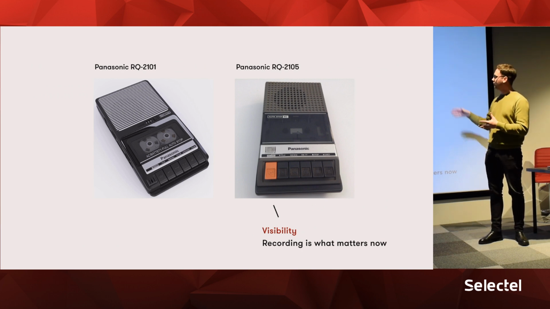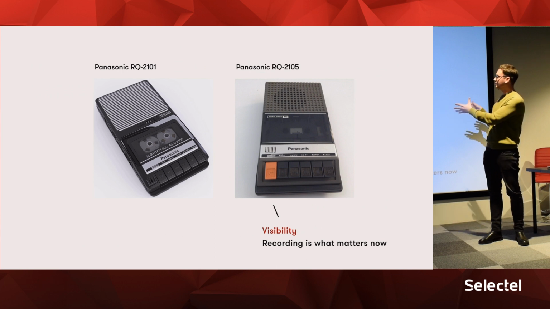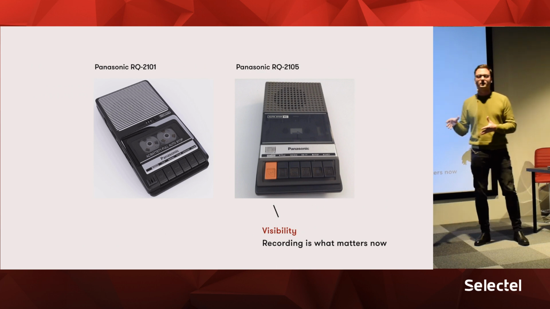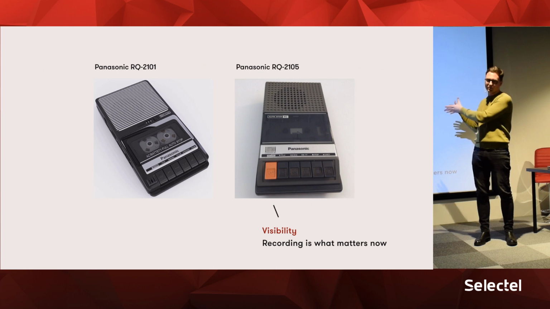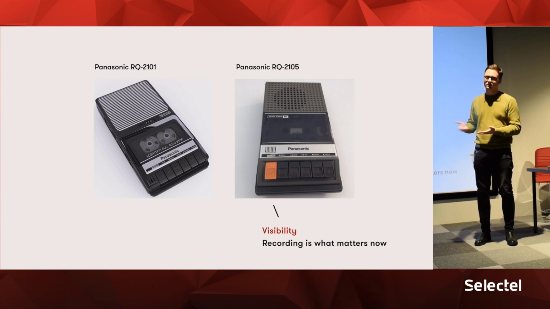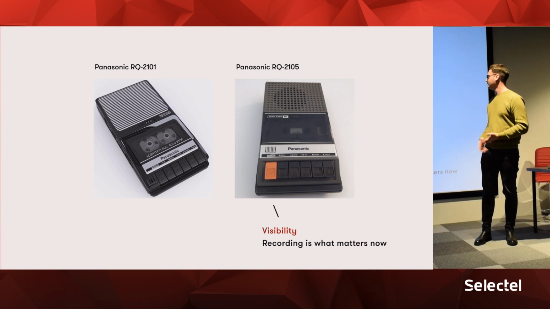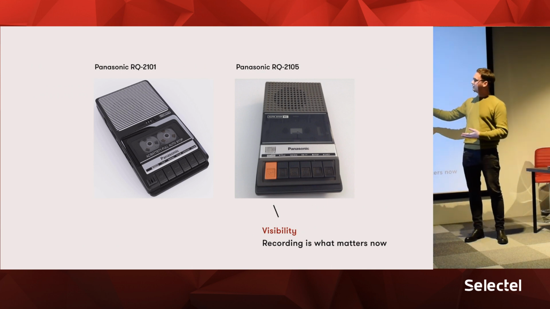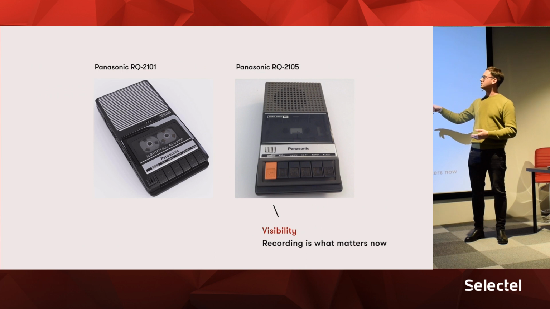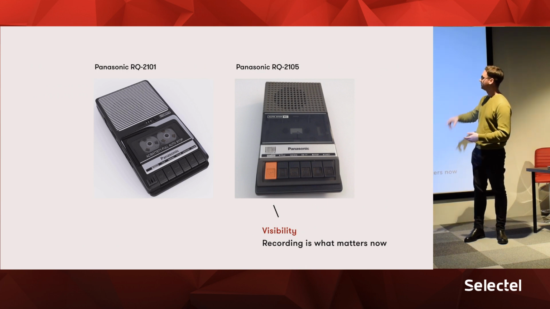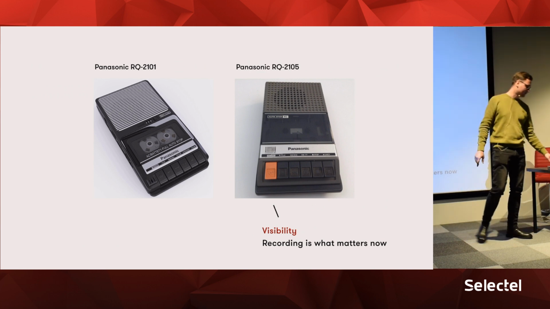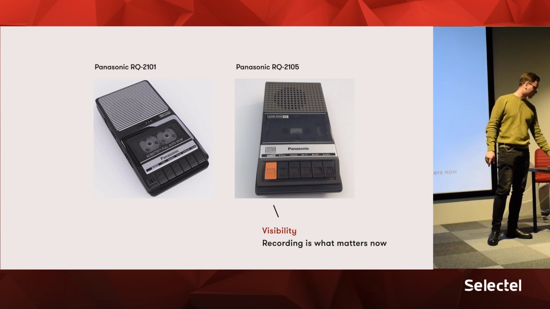All the buttons here are visible, but the recording button is the primary one, because it is a tape recorder and the primary goal of this tool is to record voice. So they probably thought that this was not a good design, and maybe we can improve it and make this recording button more visible. This is how the visibility principle is applied in product design.